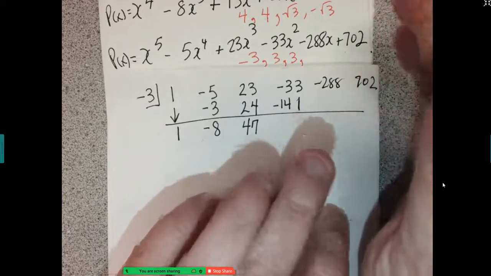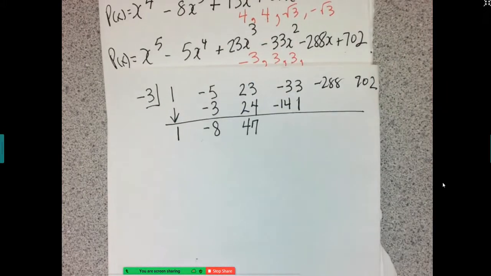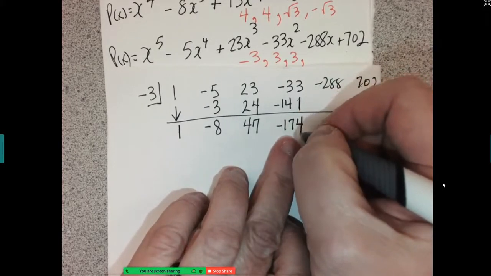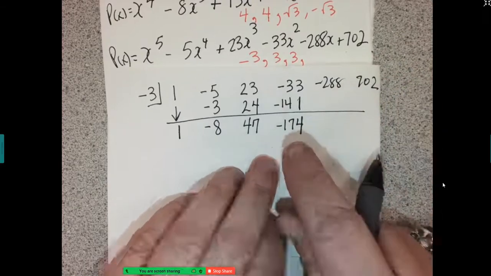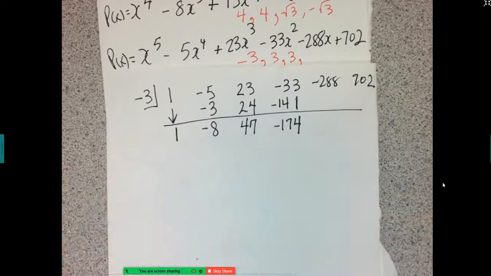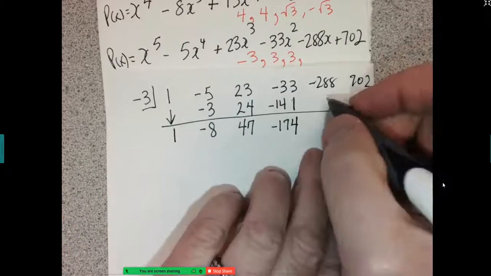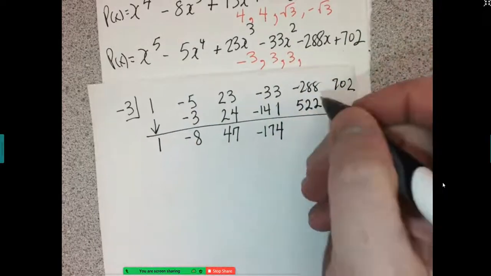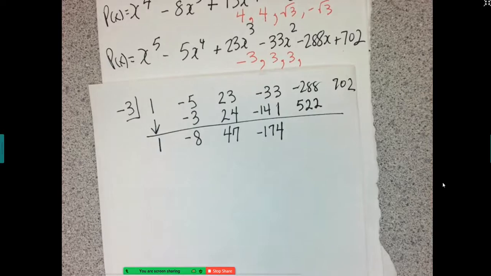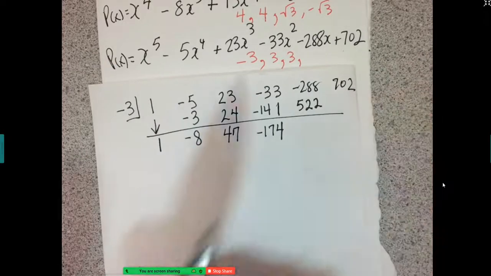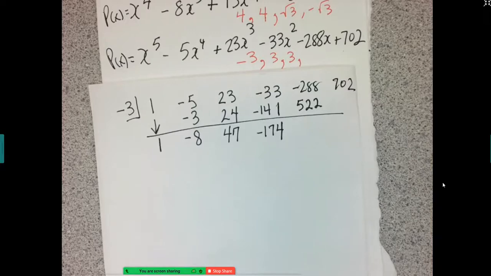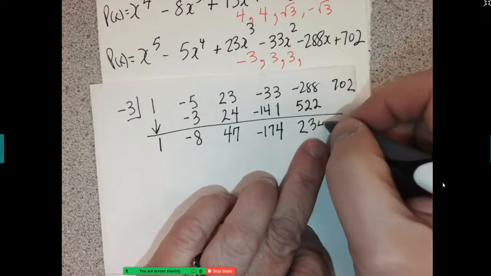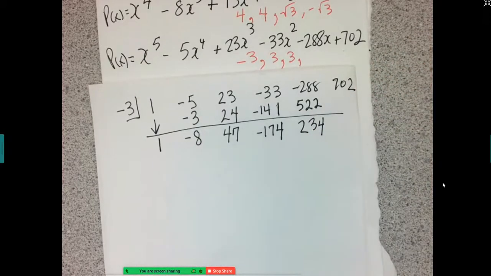Okay. And then I'm going to add those together, and I'm going to get negative 174. Okay. And then I'm going to multiply those two together, and I will get a positive number, which is 522. Okay. And then I add these together. So 522 minus 288 gives me that, and then times negative 3.